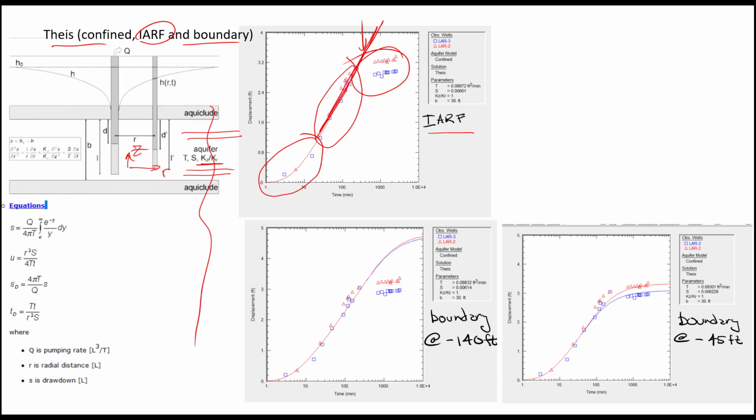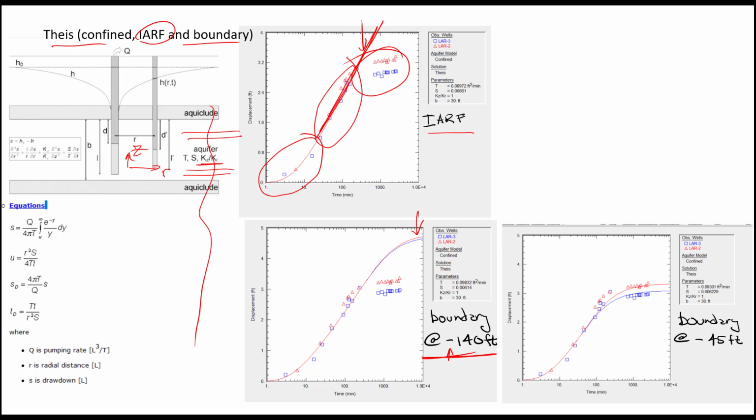But if we introduce a boundary, then the boundary will cause the slope to change. So I put a boundary in AQTESOLV, and it turns out it's minus 140 feet. I'll show you the setup here in a second. But if I do that, then you can see that causes the slope to flatten out.